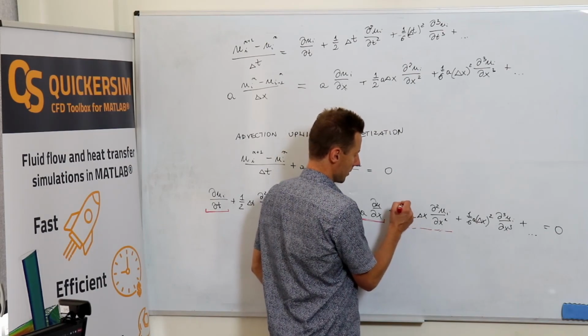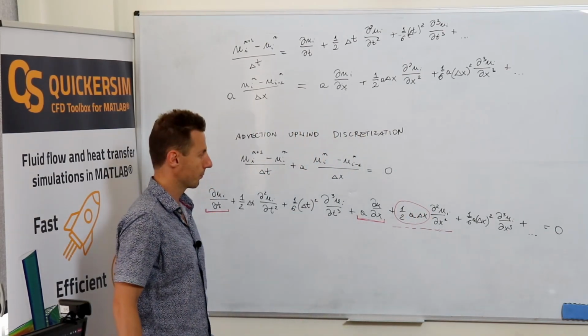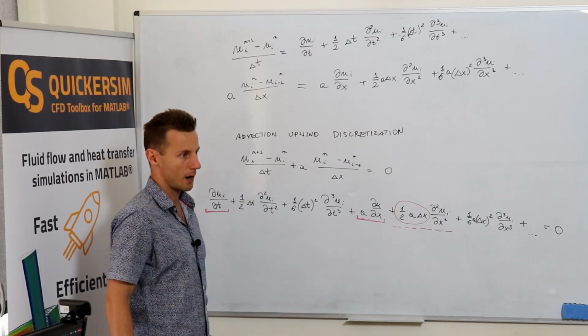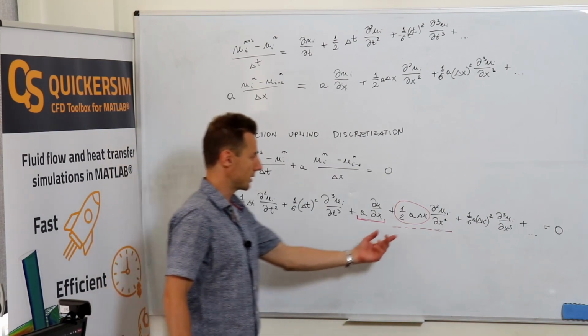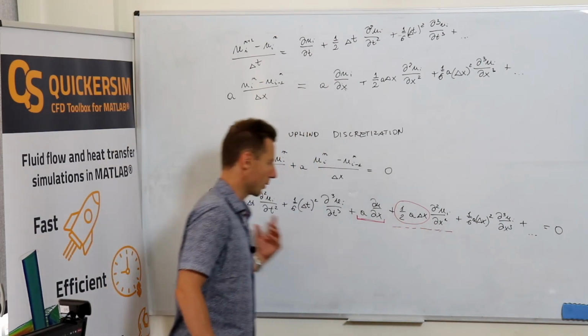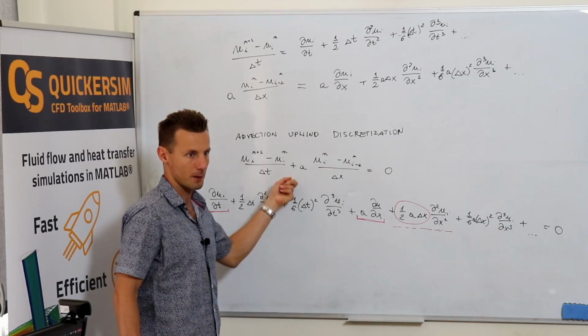What's the coefficient? Something like that. That's the artificial or numerical diffusion that is introduced to the scheme, and that's the real equation that you're solving by applying this scheme.